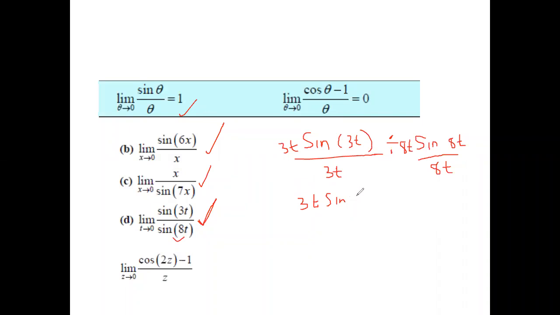Then we are going to get sine 3t all over 3t. Then I'm going to change the division to the inverse of it, so this will give me 8t over sine of 8t.